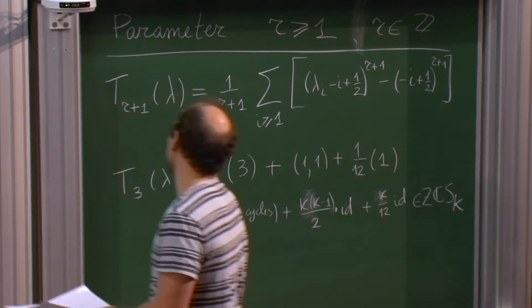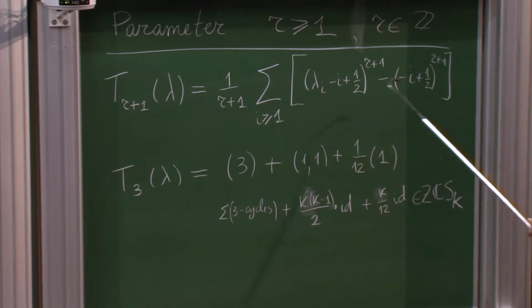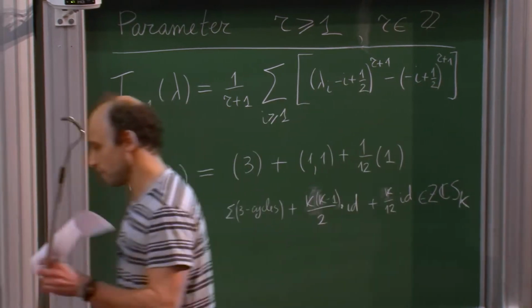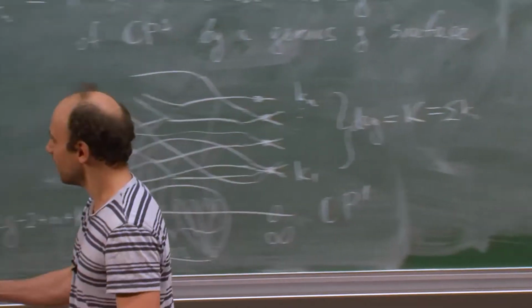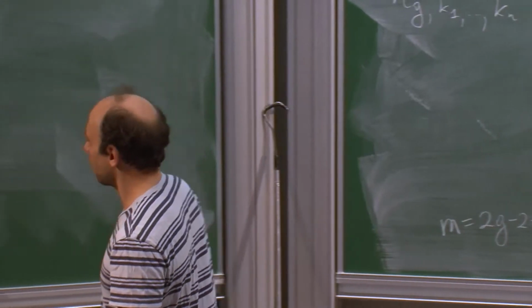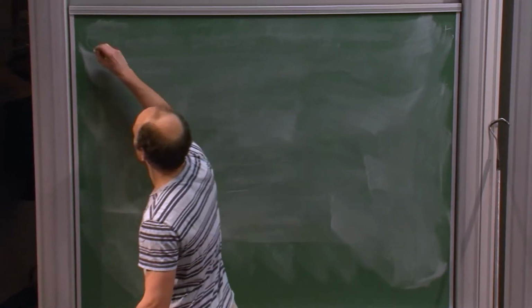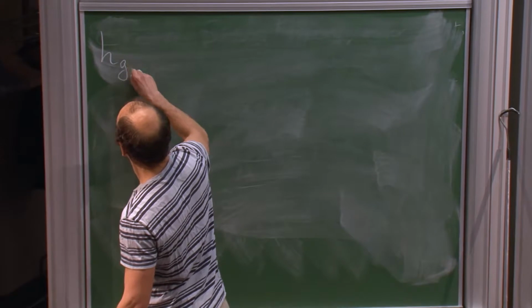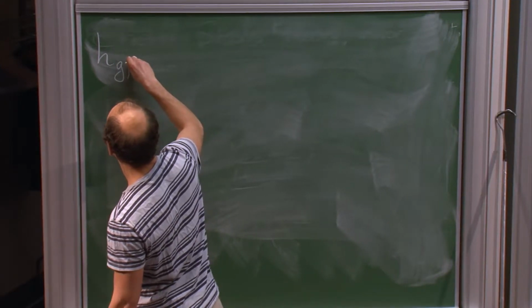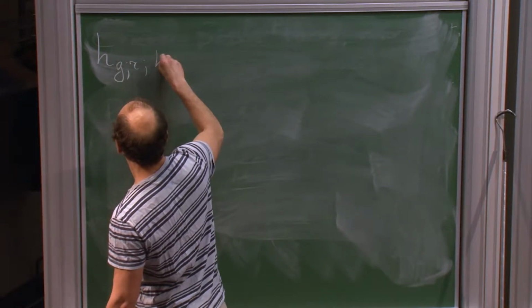But now once you have these t's, you can define the new generating series for r Hurwitz numbers, H, g, r, k1, kn.